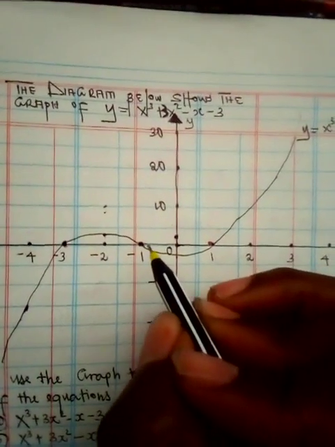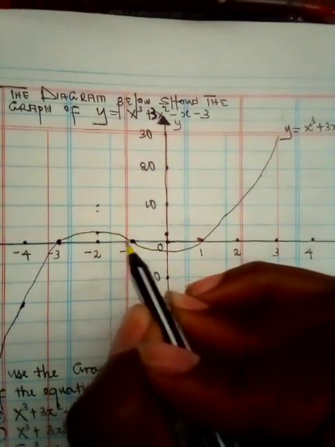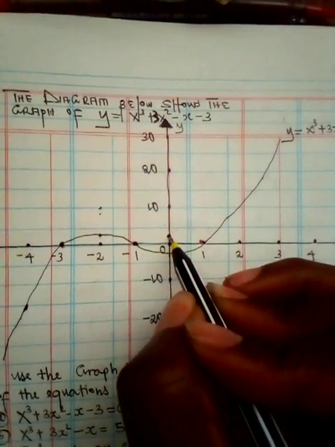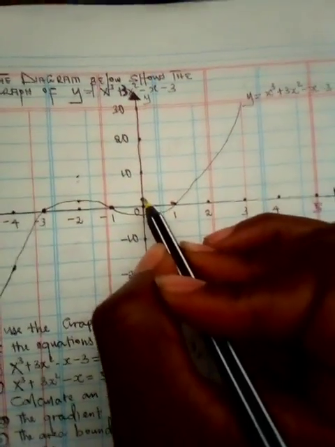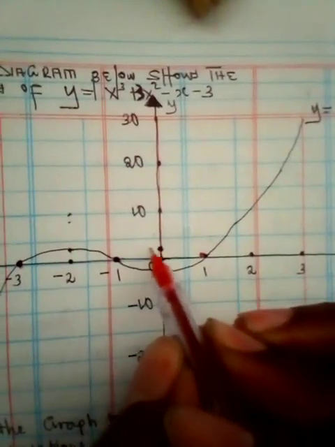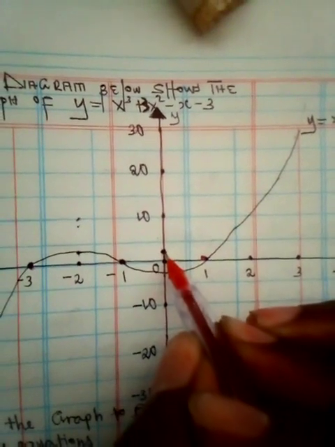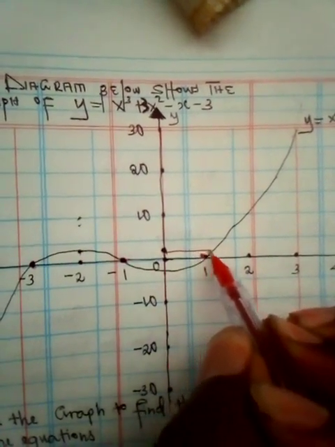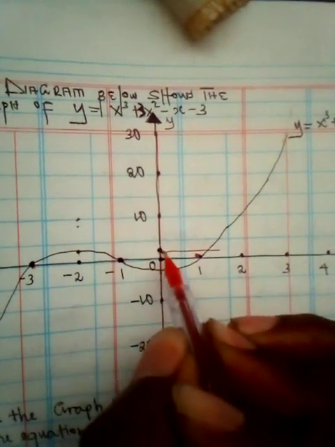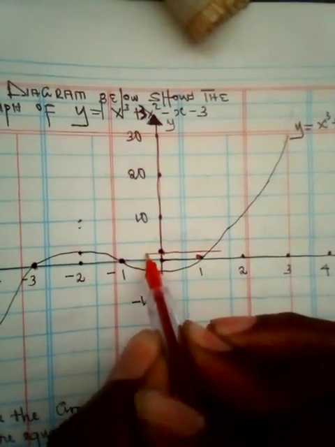And then if we try to make a sketch, or rather if we try to plot it, this is how it's going to be. Let me try to use a red pen on this guy. So it's going to be in that way. It's going to be going like that.